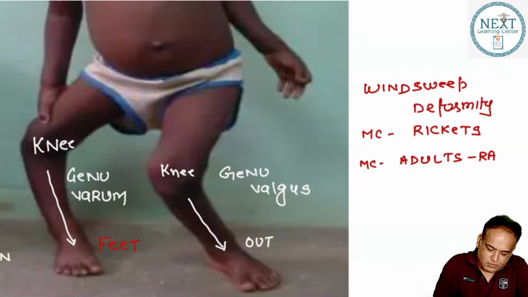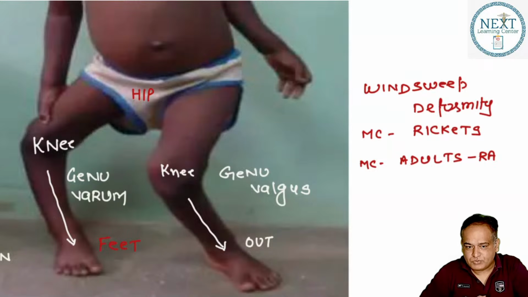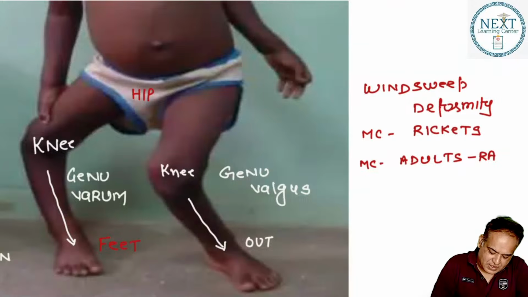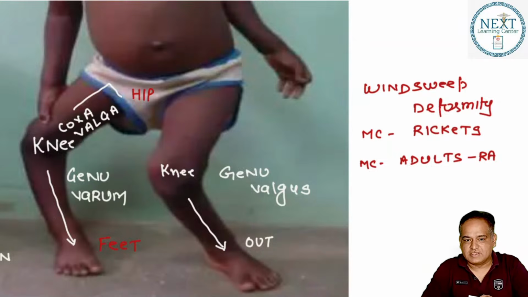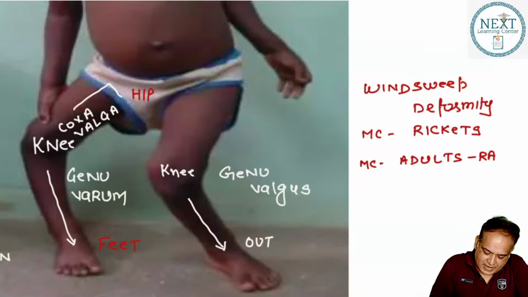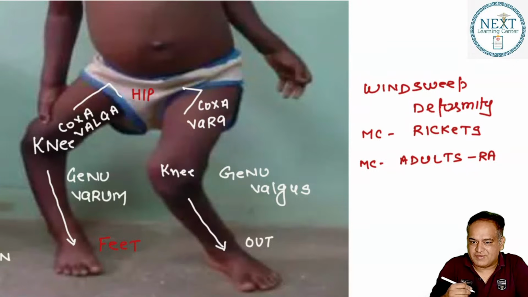Now, I want you to focus on the hips of the child. On the right side, the child has genu varum. But you notice something else, that the child also has coxa valga. Whereas on the left side, the child has coxa vara. These two deformities are often present together.